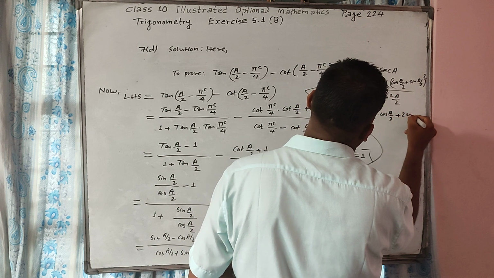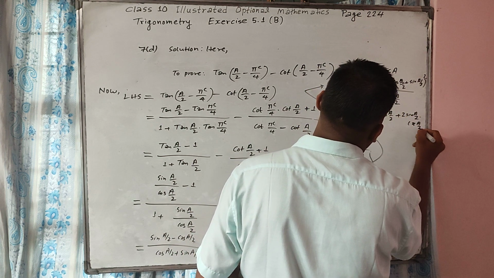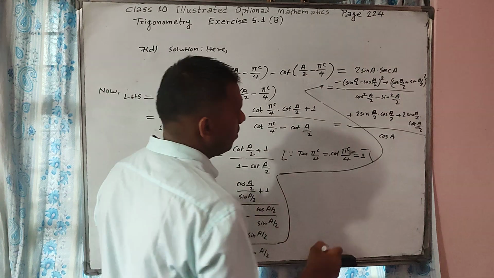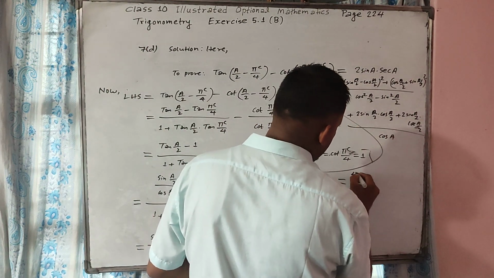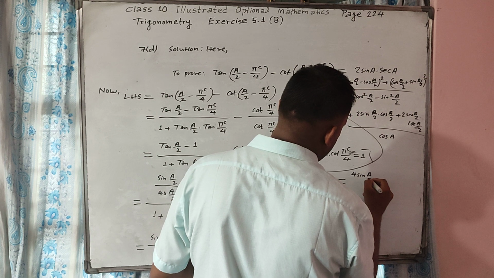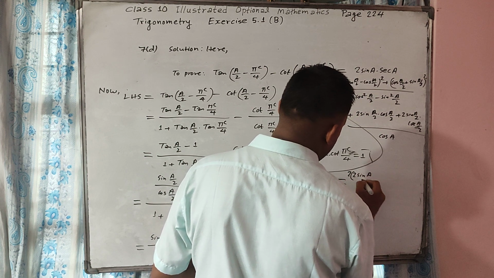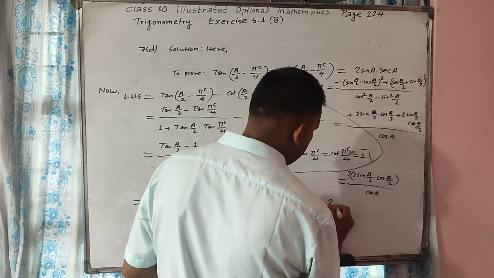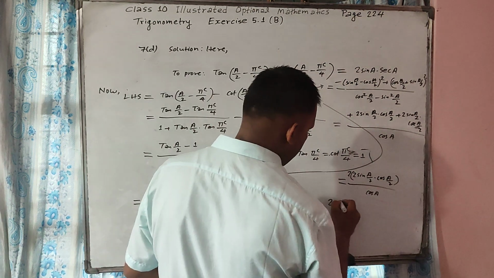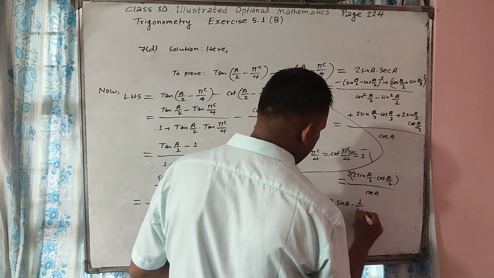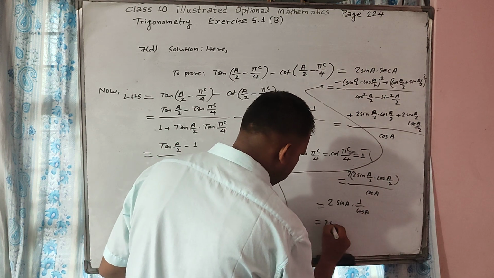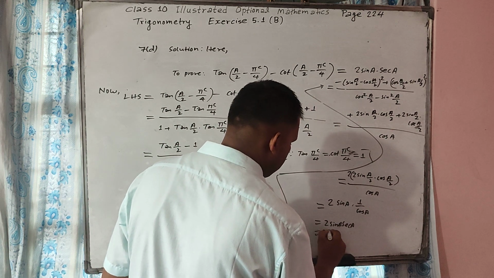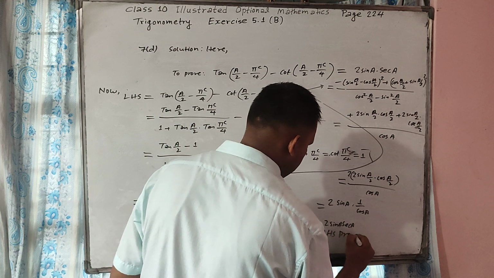Here also 2 sin a by 2 cos a by 2 remaining, all upon cos square a by 2 minus sin square a by 2, cos a. 2 plus 2 is 4, 2 into 2 sin a by 2 cos a by 2 all upon cos a, halving of that is sin a upon 1 by cos a, that is 2 sin a sec a. That is RHS, proved.